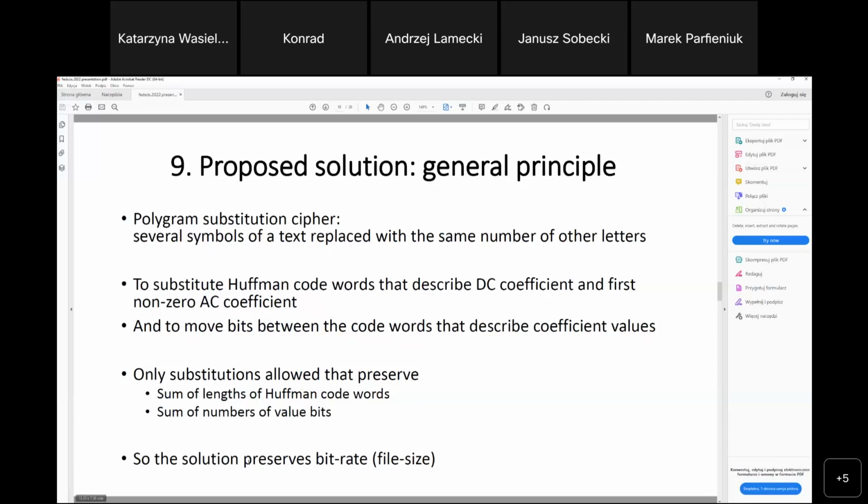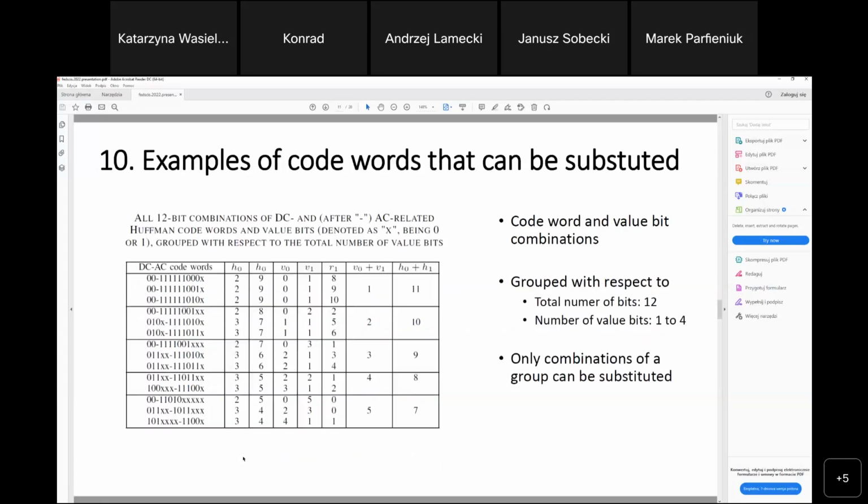In order to preserve the bitrate or file size, in my approach, only substitutions are allowed that preserve the sum of lengths of these two Huffman code words, and that preserve the sum of numbers of value bits.